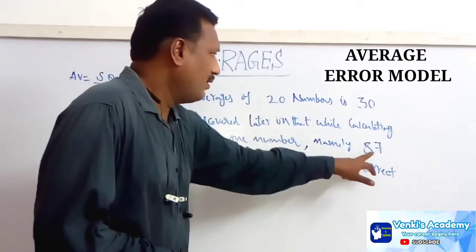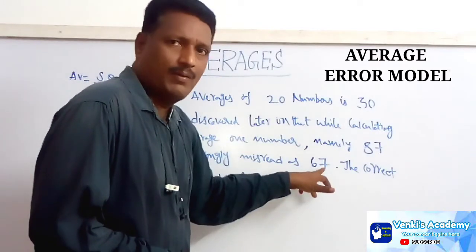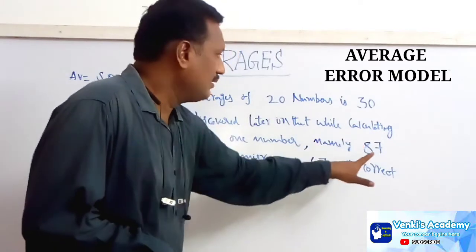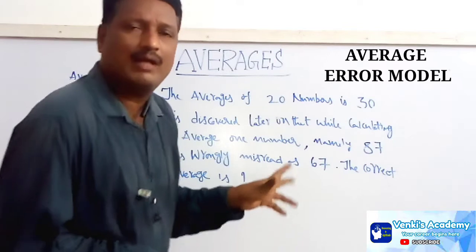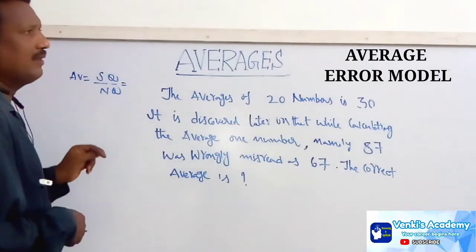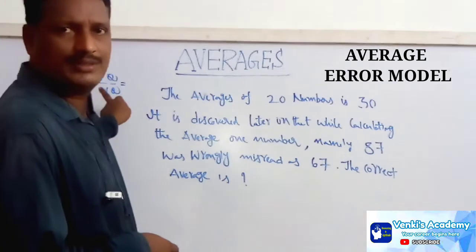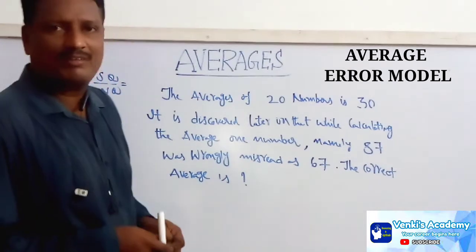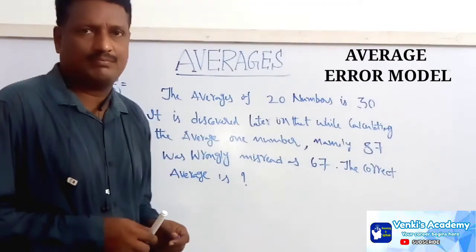Now we are converting this 20 into an average. What is the meaning of average? The sum of the quantities divided by the number of quantities.